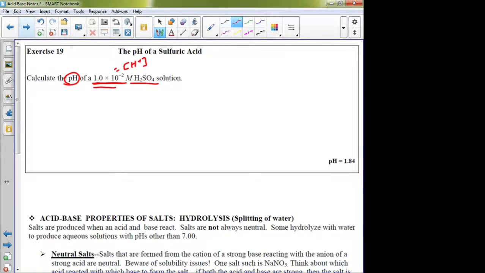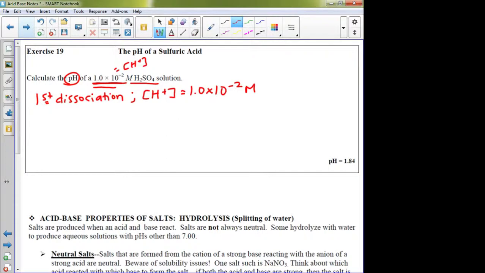So I can say for my first dissociation, I know that the concentration of H positive is equal to 1.0 times 10 to the negative 2 molar. We got that? I didn't confuse anybody about that. Is the first time, no problem, that first hydrogen comes completely off of the first one.